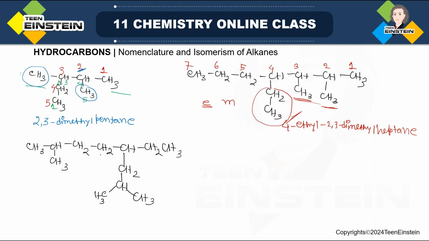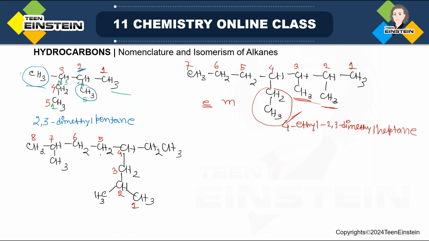Now, it is not that the parent chain will always be in the horizontal position. No, that is obviously not the case always. It may be in the downward portion, or it may be in the upward portion. You just have to recognize it, right? So numbering will start from this position.